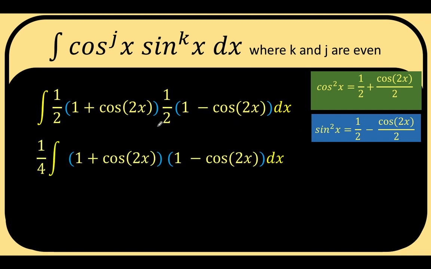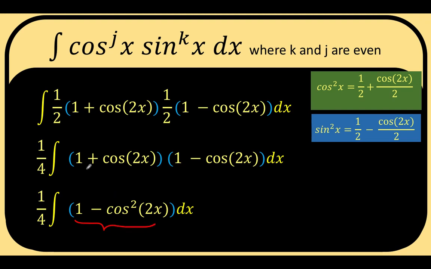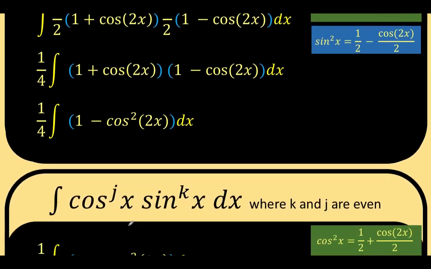Then 1/2 times 1/2 is 1/4, and we now have here the sum and difference of two numbers, which is a special product that results to the difference of two squares. So we get the square of the first minus the square of the second. So this is the product of this sum and difference of two numbers.